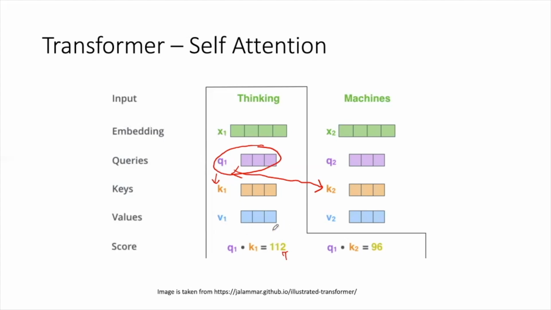So that's one way in which we can capture the relevance of a key and the query. So we try to find the relevant keys for this query. The score basically indicates the relevance. The higher the score, the more relevant this key is to this query. So yeah, that's the intuition.